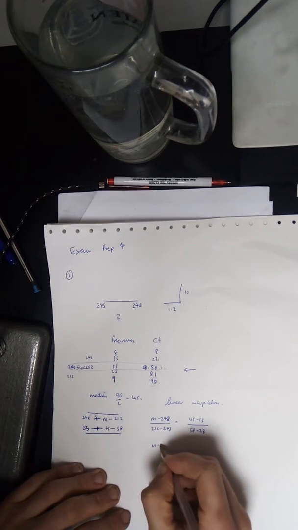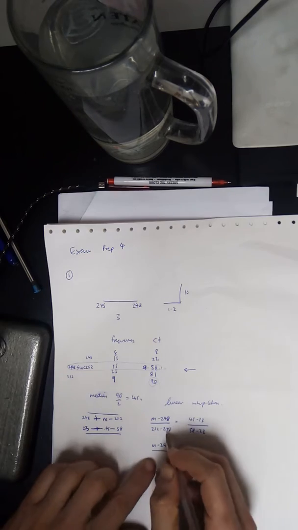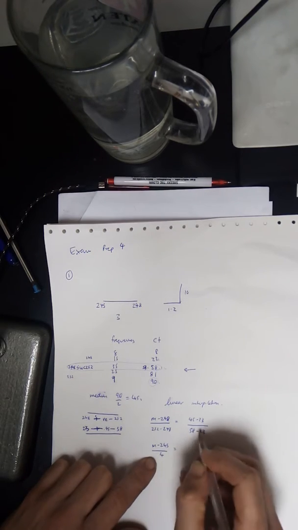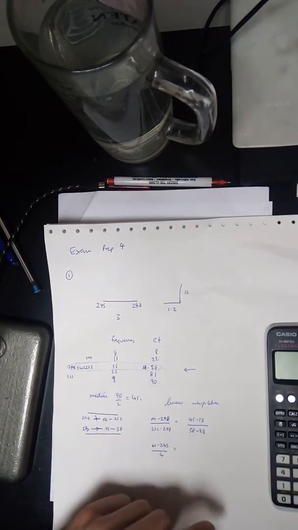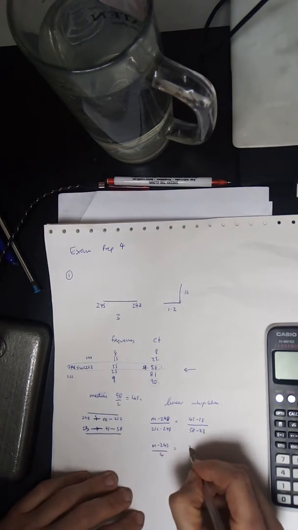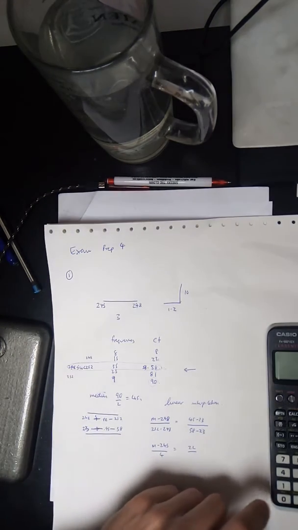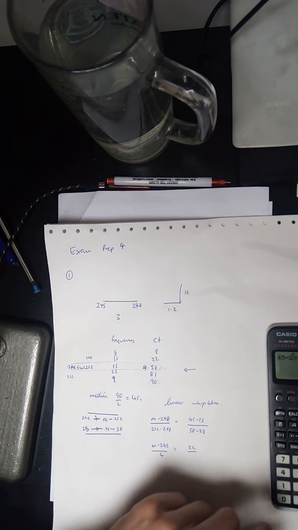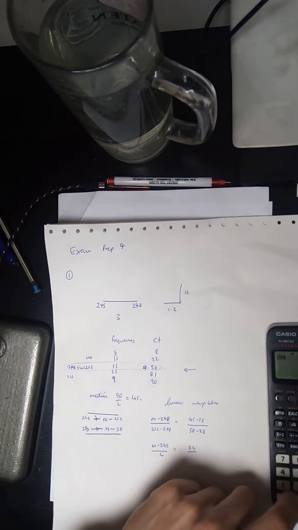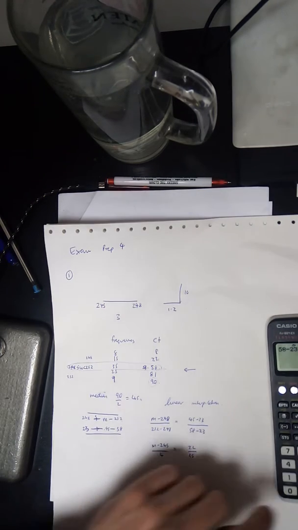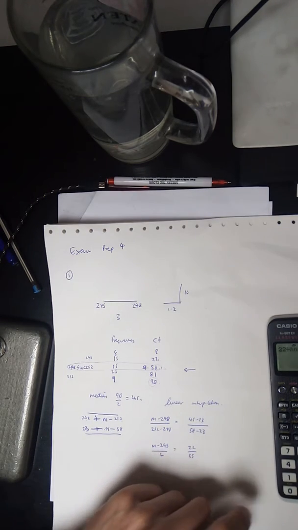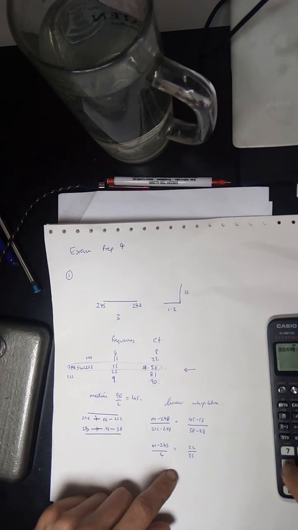So that's the setup, and then we simplify that. So m minus 248 over 4 is equal to 22 over 35. I should use my calculator because I wasn't going to make a mistake like yesterday, aren't I? 58 minus 23, so over 35. So 22 over 35 times by 4.